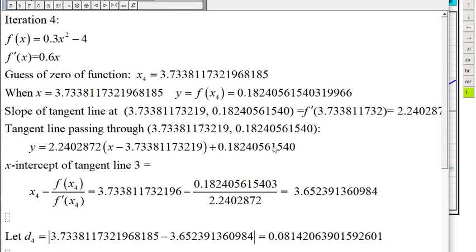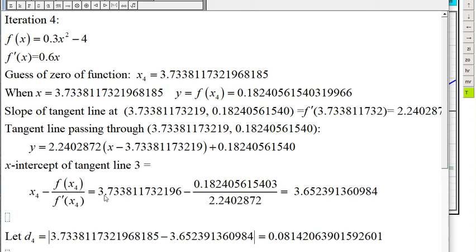And again, we want the x-intercept of this tangent line. To find it, let y be 0 and solve for x.